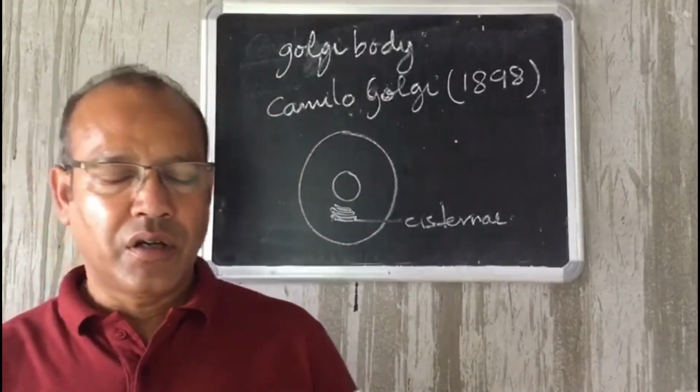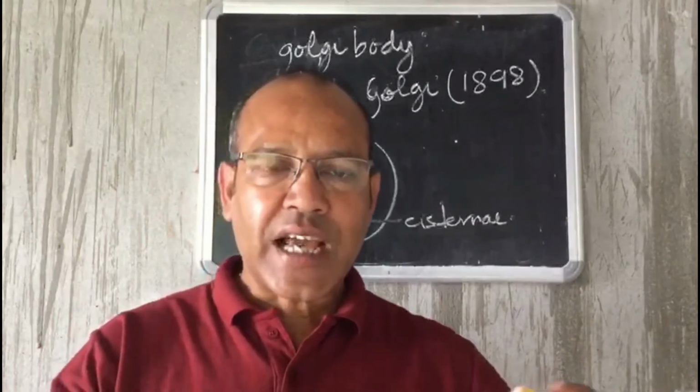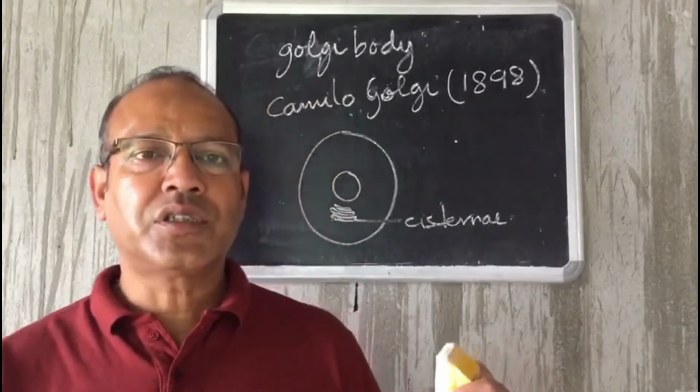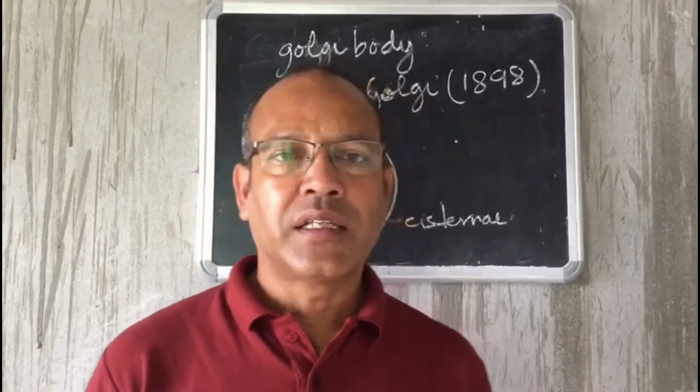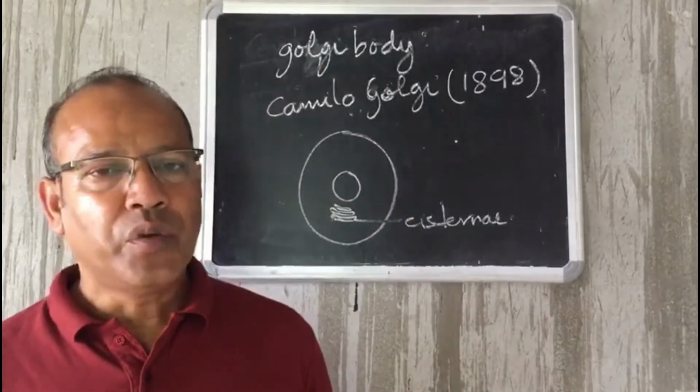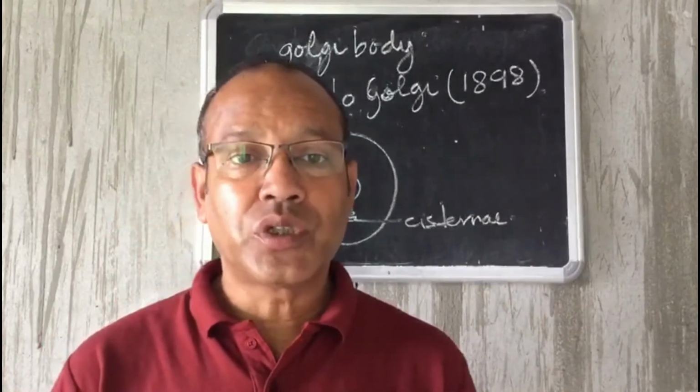That is, it is made up of flattened sac-like structures or dish-shaped structures, almost convex in shape, and it is called the cisternae, which are parallel to each other. They do not join each other.